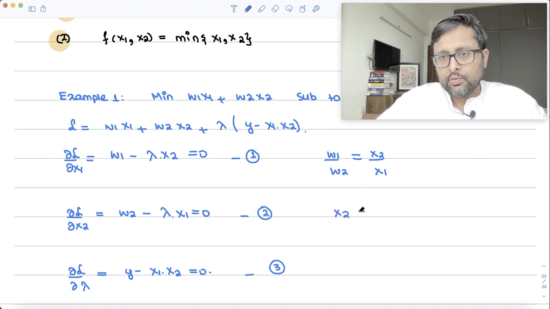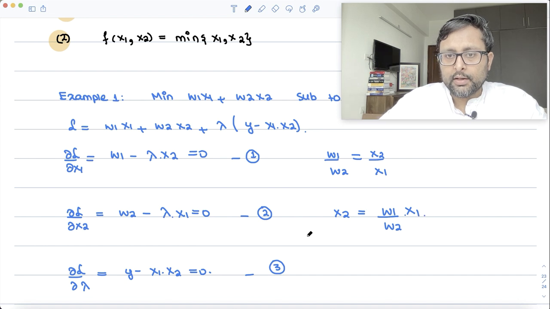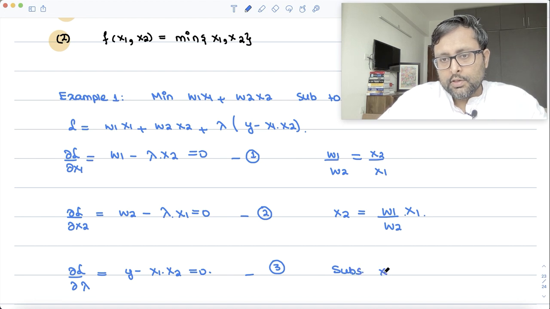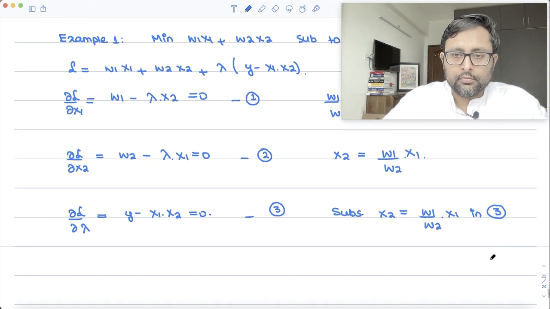So what is my x2? X2 is W1 by W2 times x1. You can substitute this x2 equals W1 by W2 x1 back into equation 3. So what will you get?